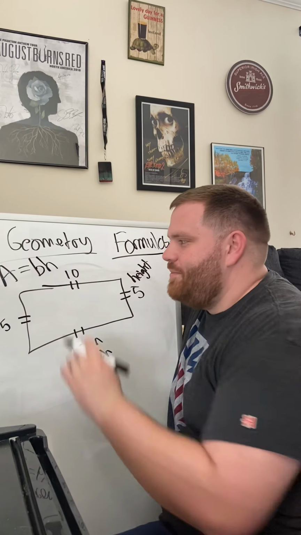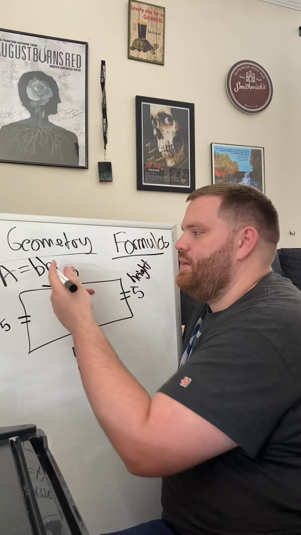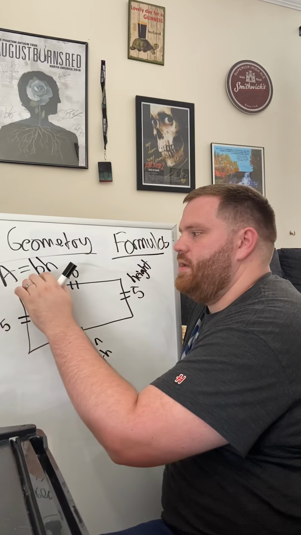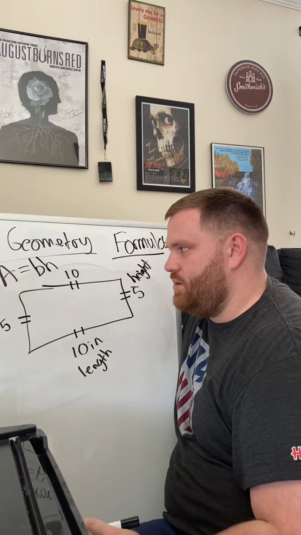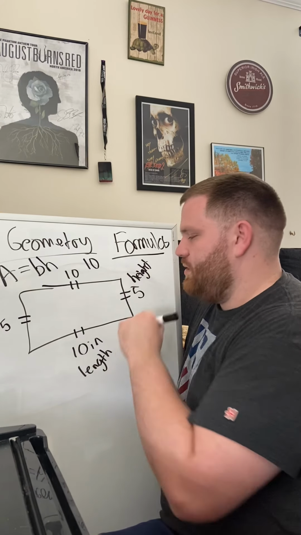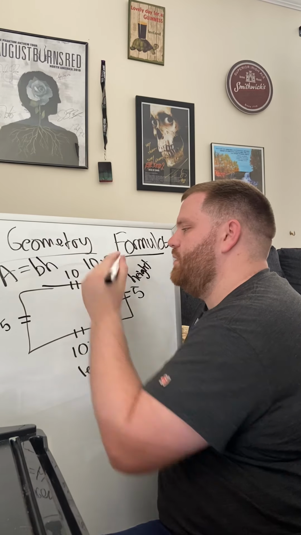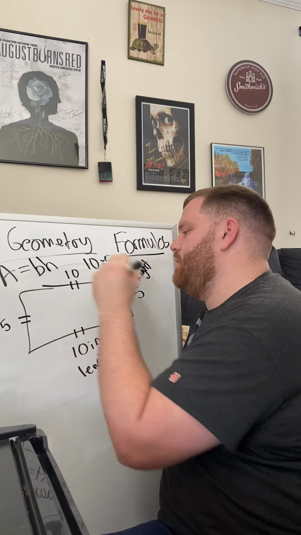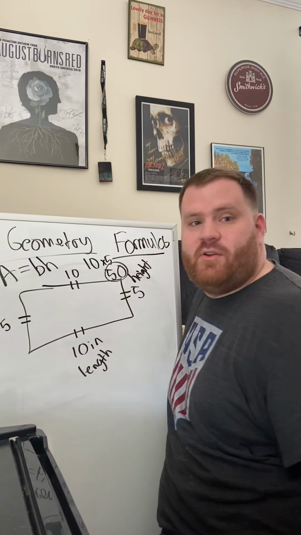B is my length or my base, H is my height. So A equals B times H. B is 10, H is 5. 10 times 5 is 50. That's it. Just 10 times 5. That's all I got to do.